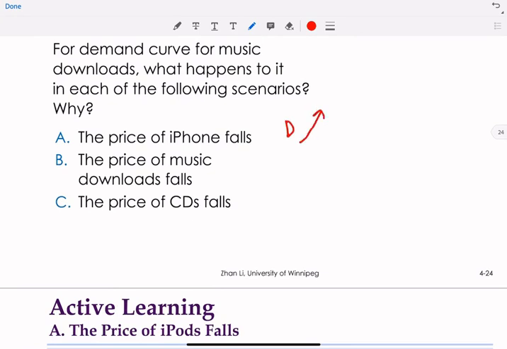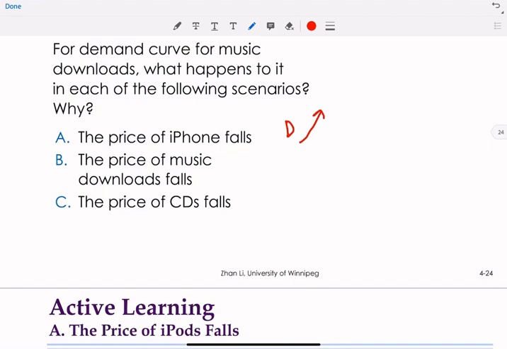Of course, you could also think about this in several different steps. First step, price of iPhone falls. This means quantity demanded for iPhone should decrease. Second step, iPhone and music downloads are complements. In this case, if there are fewer iPhones in the market, then there should be fewer music downloads, right?